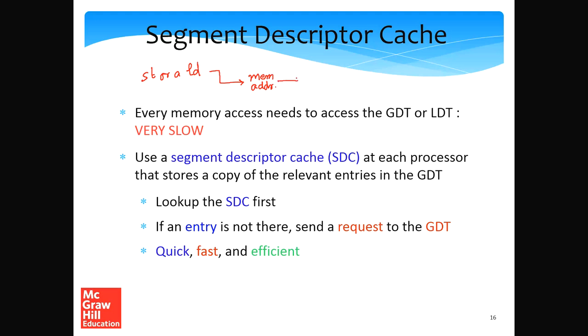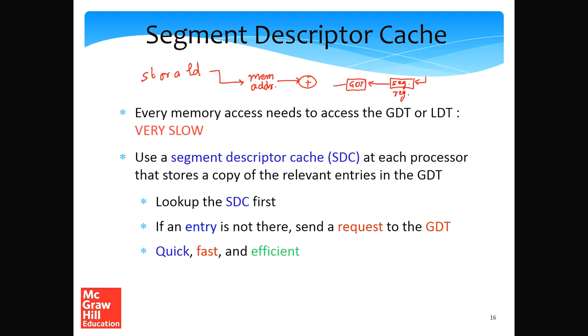So with this memory address, what we need to do is something else. Let's say that we need to access the segment register. We need to find the entry in the GDT corresponding to the value stored in the segment register.